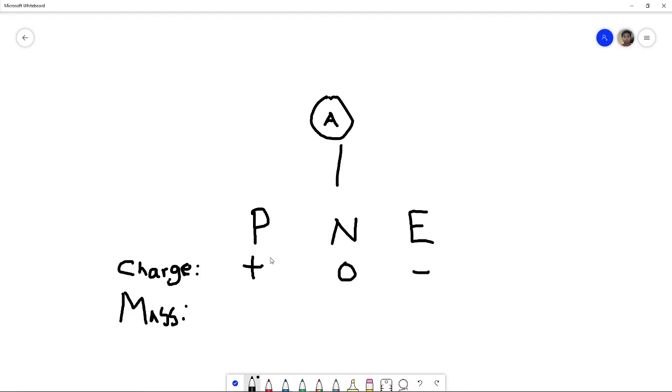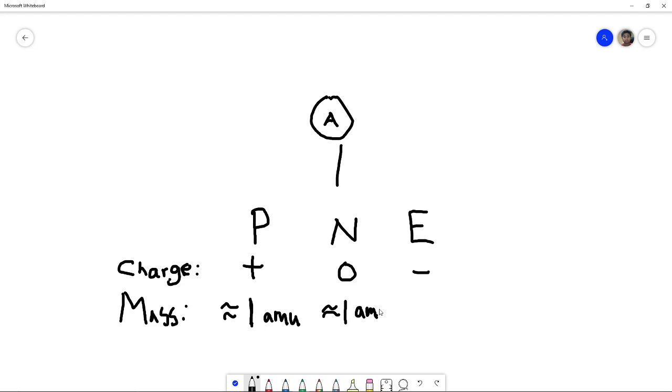Therefore, these have to be exponentially smaller. So the mass of a proton is approximately 1. And you might be saying 1 what? And they're 1 AMU, which stands for atomic mass unit. It's just an abbreviation. And it's also the same for neutrons. We have an atomic mass of 1 AMU.